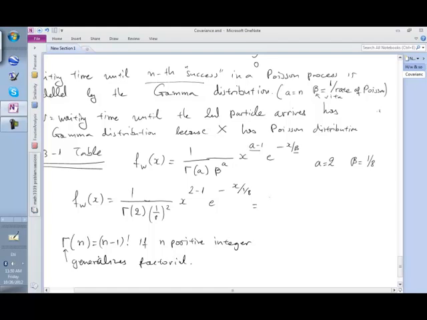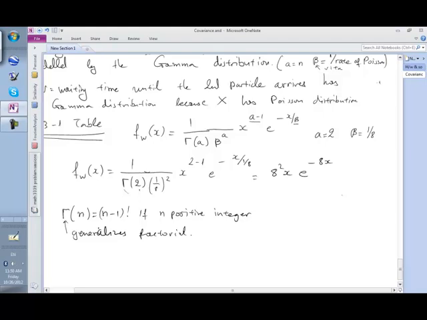Now 1 over 1/8 squared is not difficult to calculate, and gamma of 2 is 1 factorial. So this will give you 8 squared times x times e to the negative 8x. This is exactly the gamma distribution that we have.